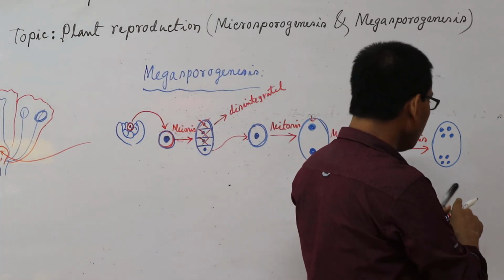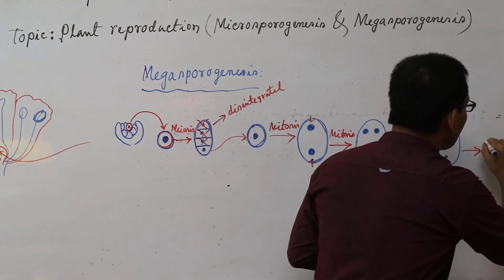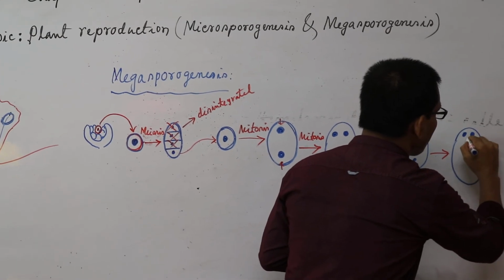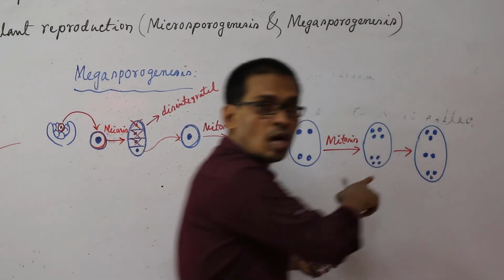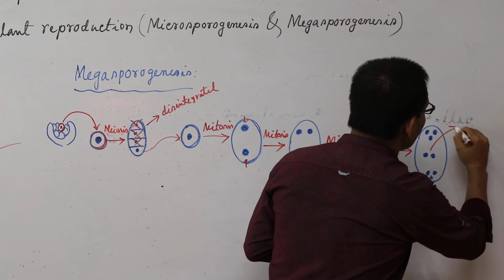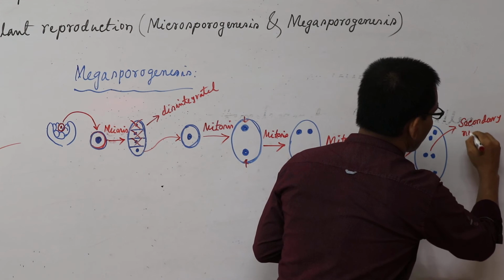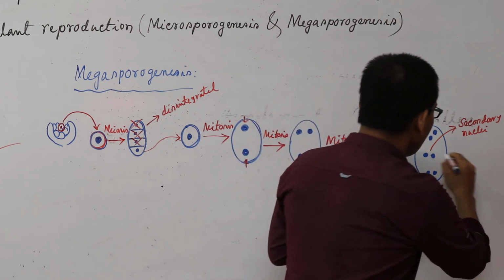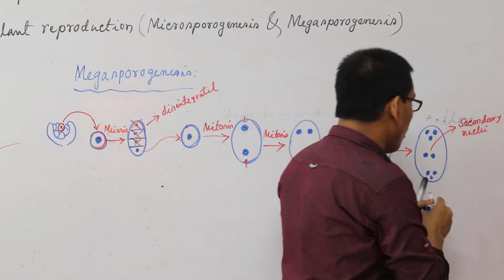From these 8 nuclei, 2 nuclei come to the middle and form secondary nucleus. And this nucleus gathers cytoplasm and forms cell.